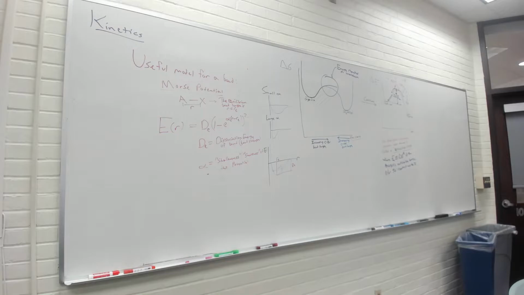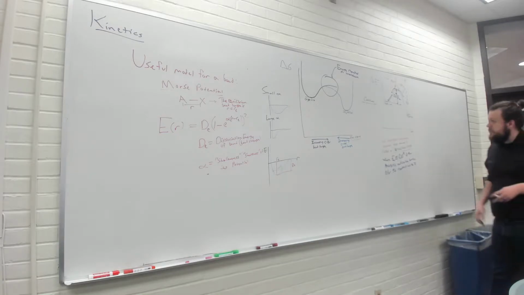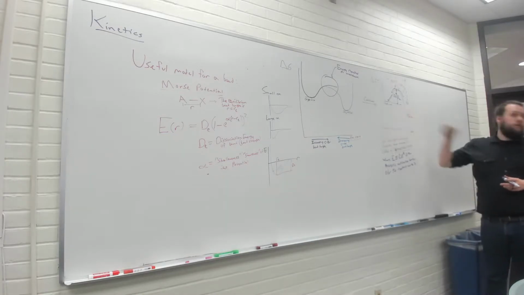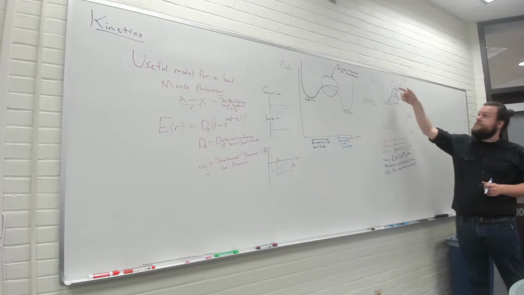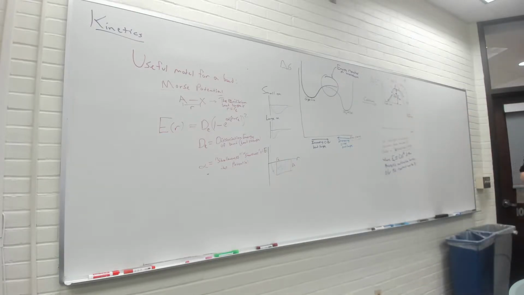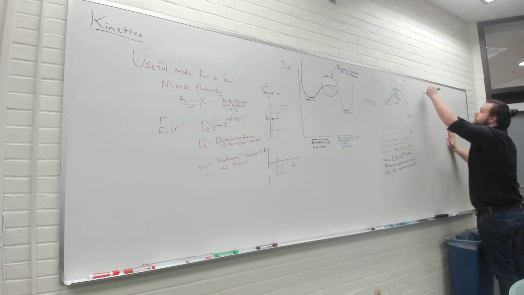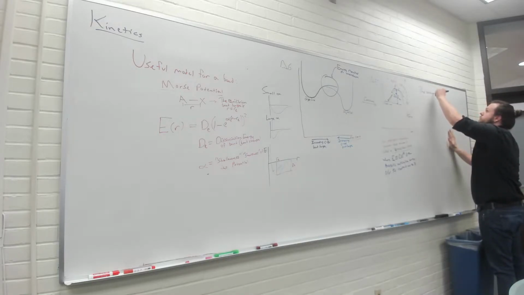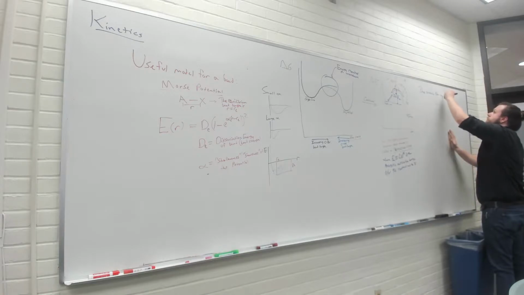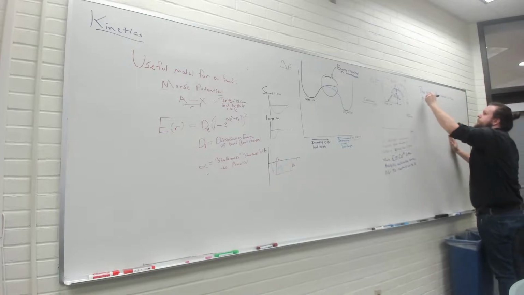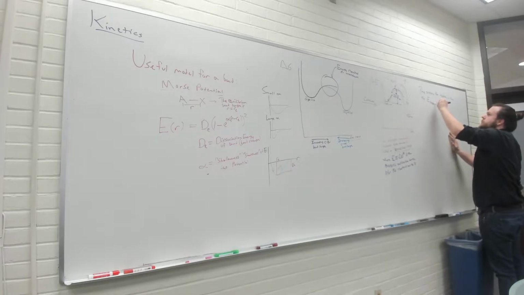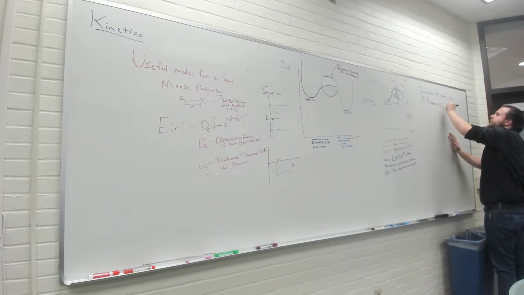So what that means is that in order for a methyl bromide to react to a methanol, it needs to have enough energy to get over the activation barrier. So the criteria for a reaction is that the energy of a molecule of, let's say, CH3Br plus OH must be greater than or equal to the activation barrier.